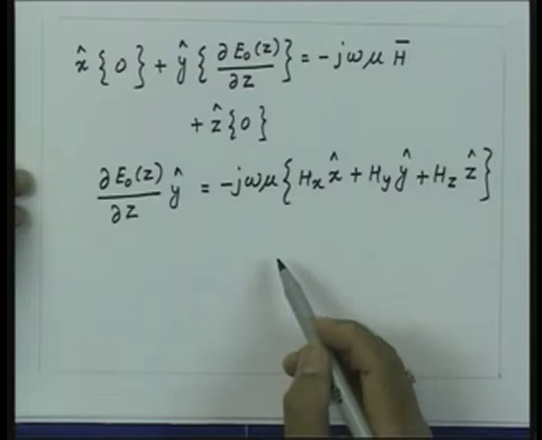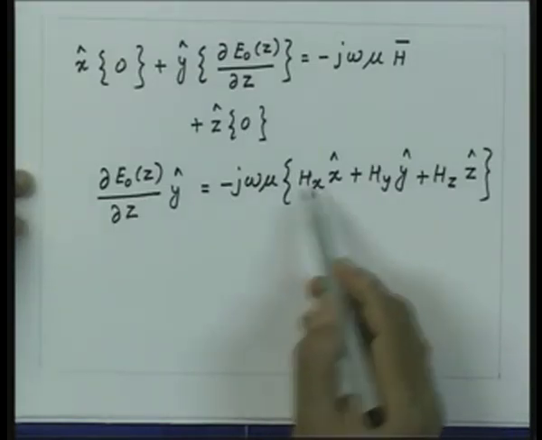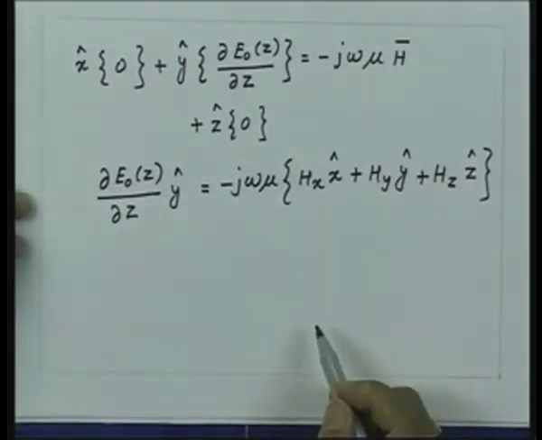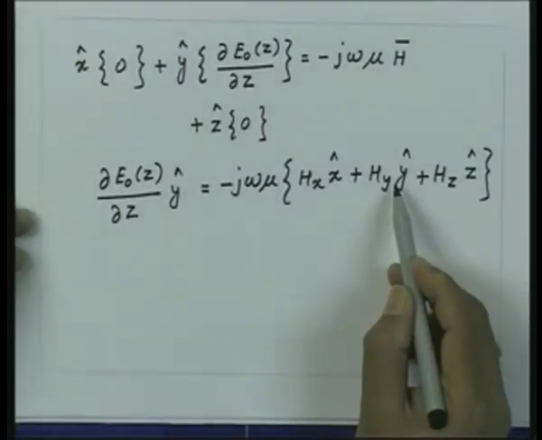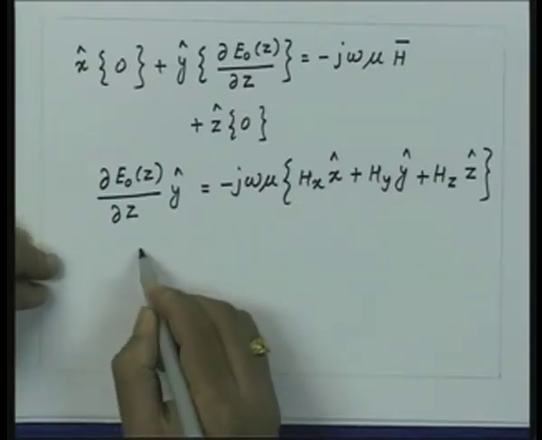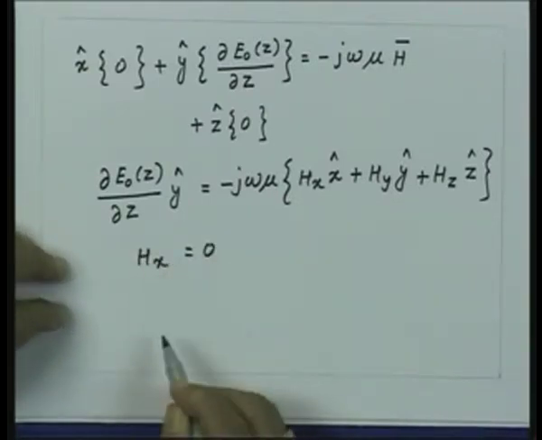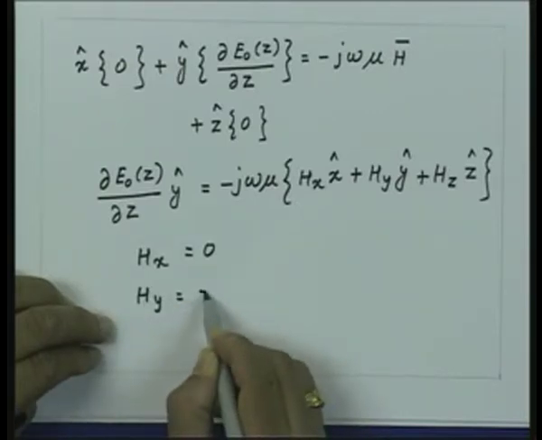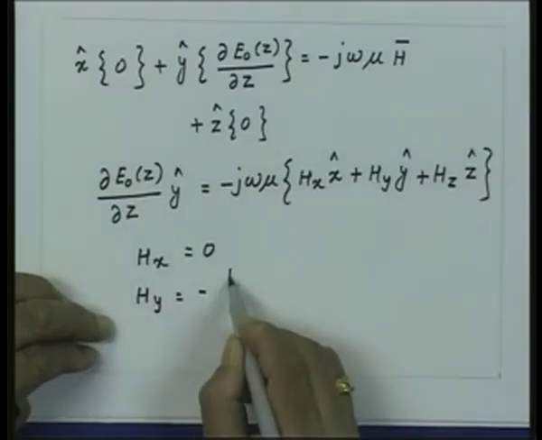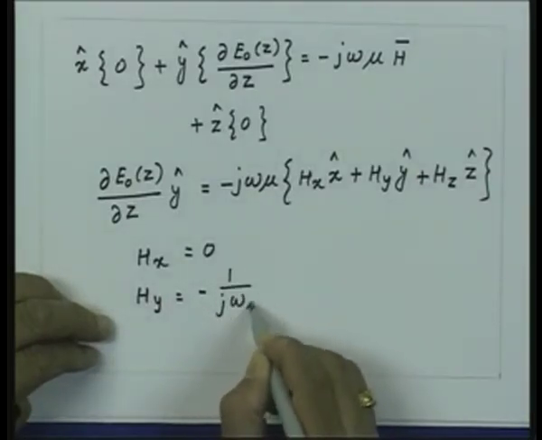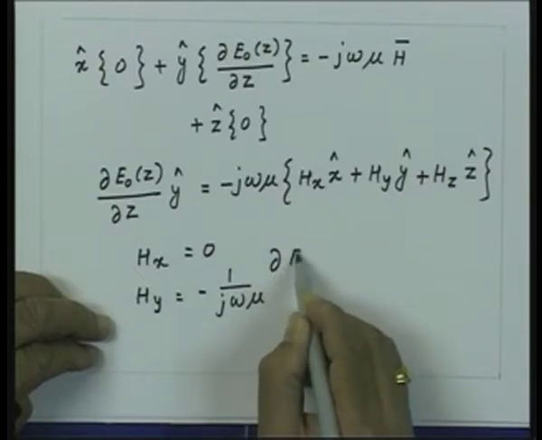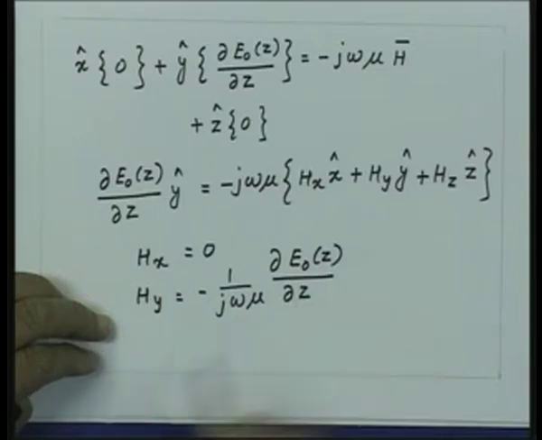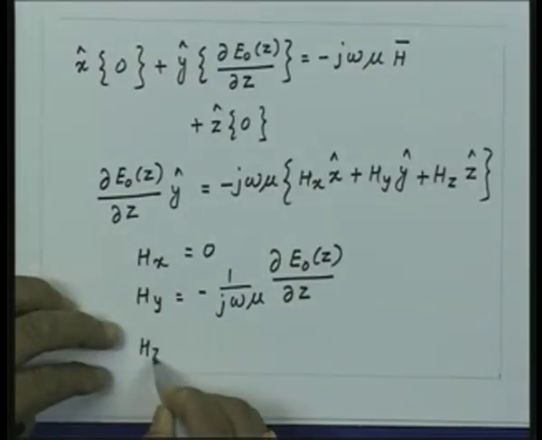So, from here we see that the x component is identically 0, the z component is identically 0. I have only the y component of the magnetic field. So, from here I get Hx equal to 0, I get Hy is equal to minus 1 upon j omega mu d0z by dz, and Hz is equal to 0.